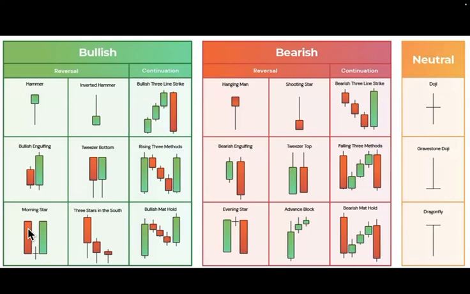You can identify this by a strong selling candle, a strong bearish candle, followed up with a small or a doji candle, a candle that has little or no body. It doesn't matter the color that it is, but usually if it is red, it's okay.